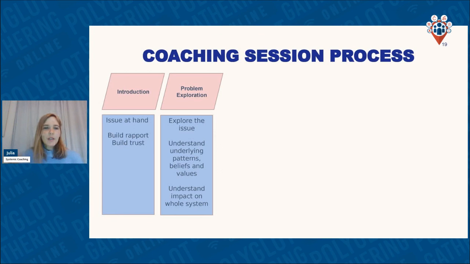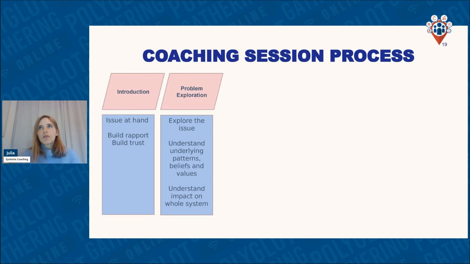So a typical coaching process usually happens with an introduction, which is used to identify the issue or problem at hand that the coachee has, and of course build relationship and build trust between the two partners. You need to have a good communication base to be able to open up and talk about your issues, followed by a problem exploration.